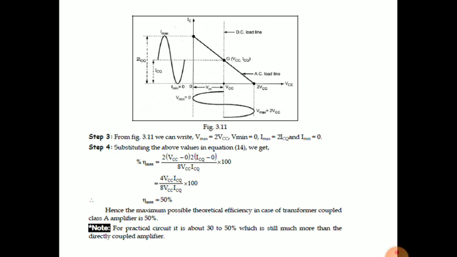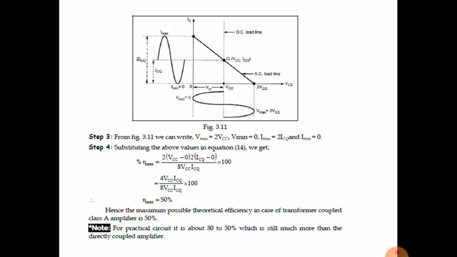So we get the Vmax as 2 VCC and Vmin as 0, and Imax as 2 ICQ, same as the previous one, and Imin is 0, from which we substitute, we get the eta max as 2 into (VCC minus 0) into (2 ICQ minus 0) by 8 VCC ICQ. We get 4 VCC ICQ by 8 VCC ICQ. So from cancelling, we get 4 by 8, that is 1 by 2, equal to 50%.